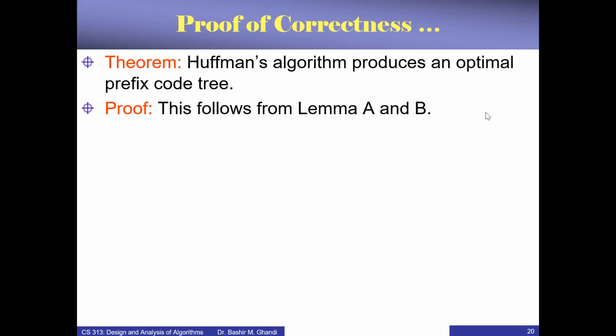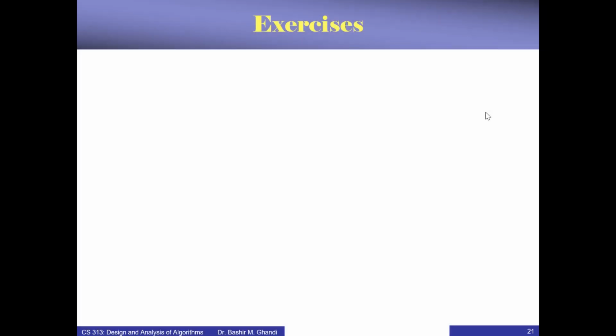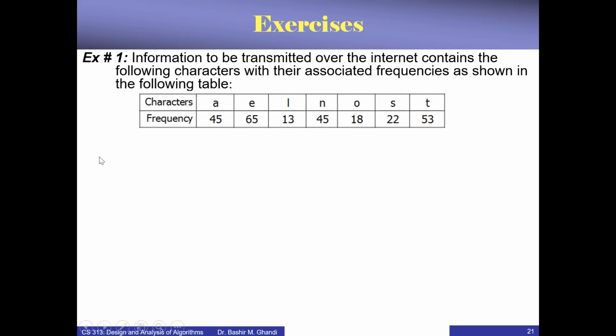on greedy algorithm. As usual, we have exercises to allow you to practice, especially the Huffman algorithm, how to apply it to get the tree first, and also how to use the tree for decoding as well as encoding. So exercise number 1.